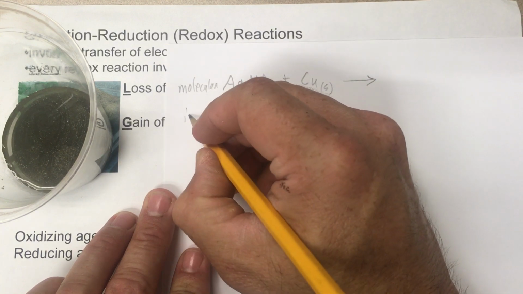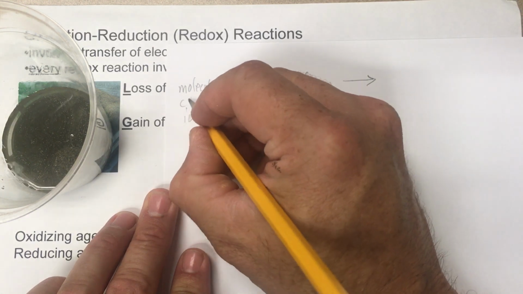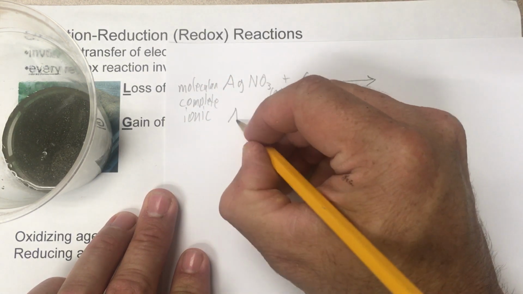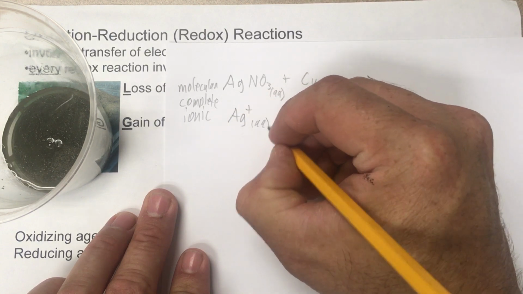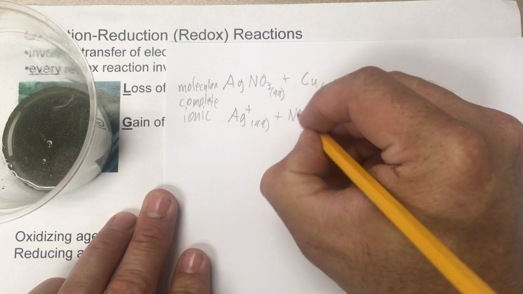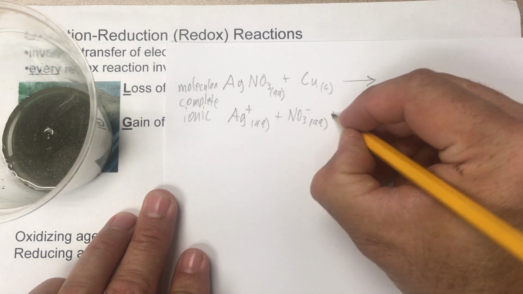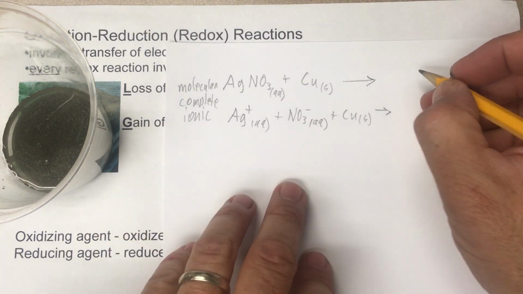If I wanted to make this a complete ionic equation, I would write silver(I) aqueous plus nitrate aqueous plus solid copper.